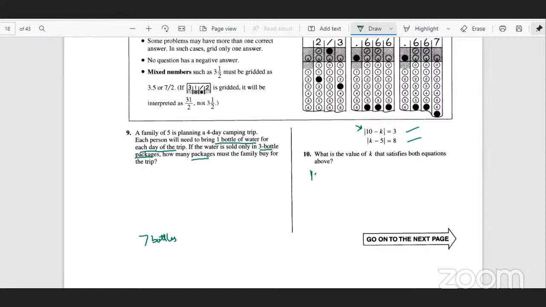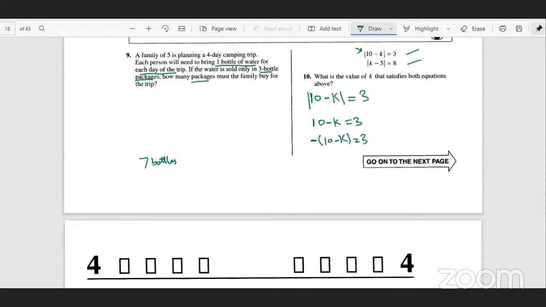So for this equation, I am going to get two corresponding equations. One would be 10 minus k equals 3 and the other one would be minus into 10 minus k equals 3. So for this, I'm going to get 10 minus 3 equals k.